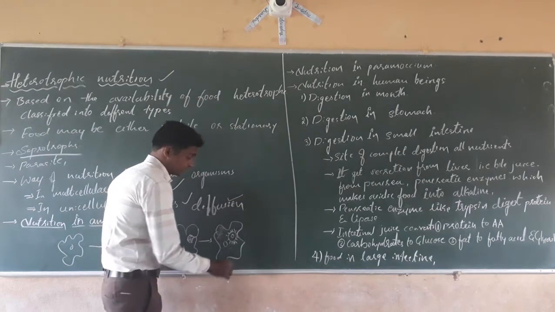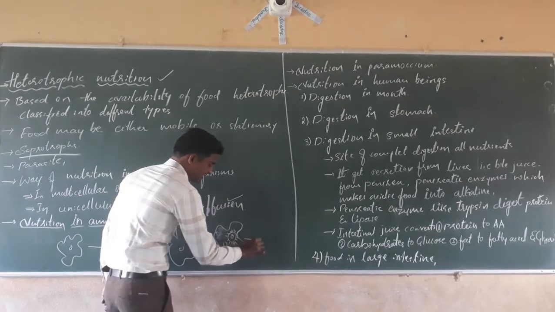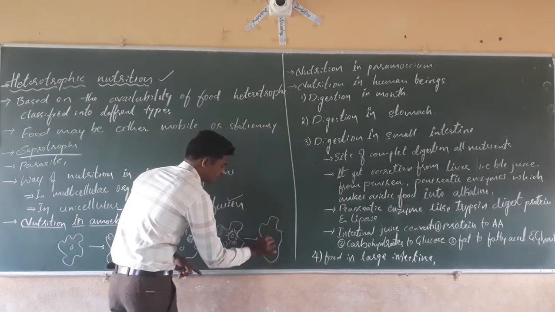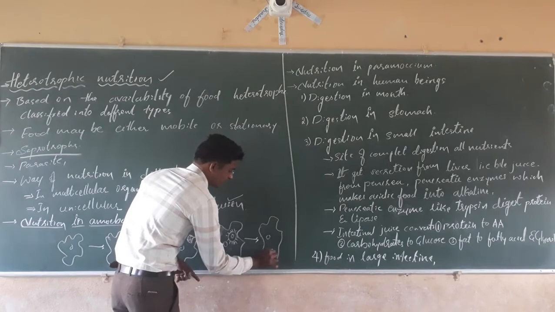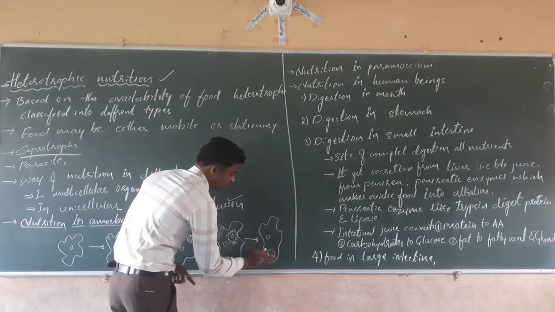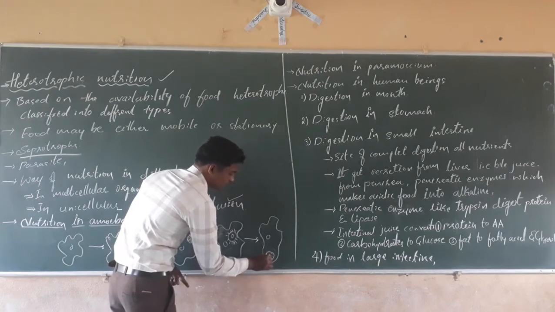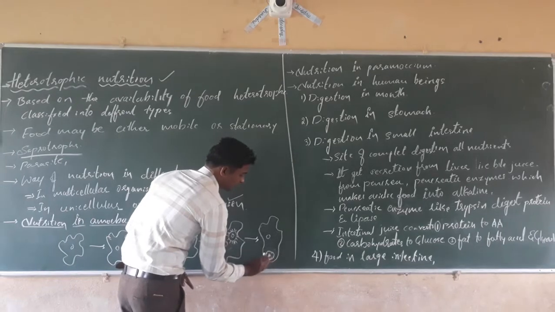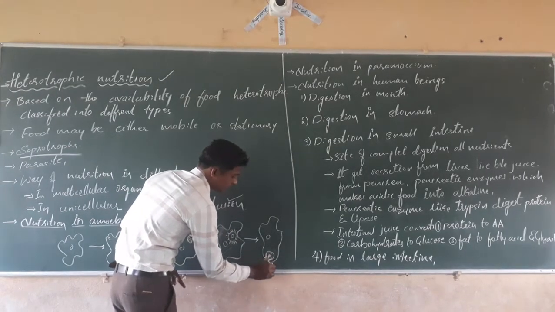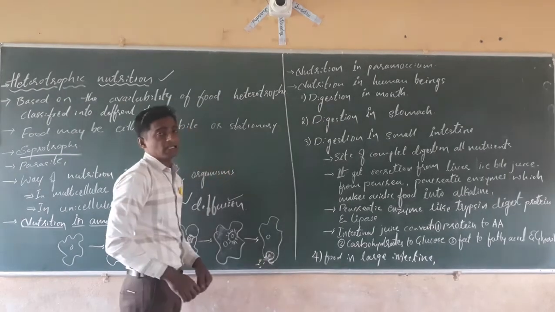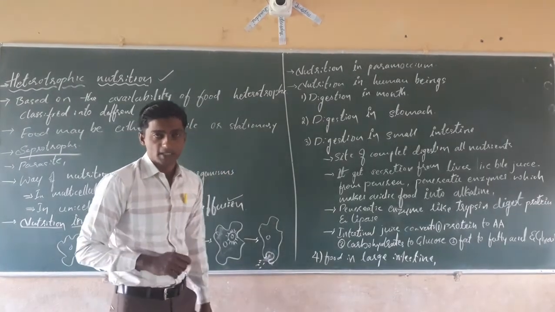Next, dear students, whatever undigested food material is there, the food vacuole comes in contact with the cell membrane, then it opens. The food vacuole opens, and the undigested food material will be ejected out from the body.